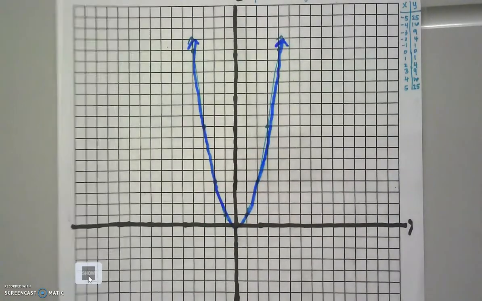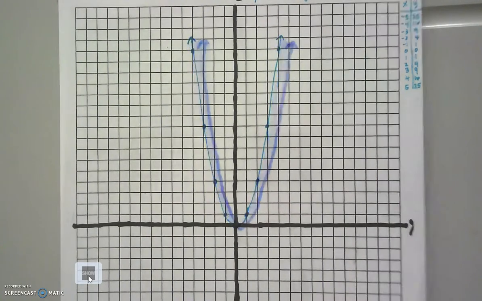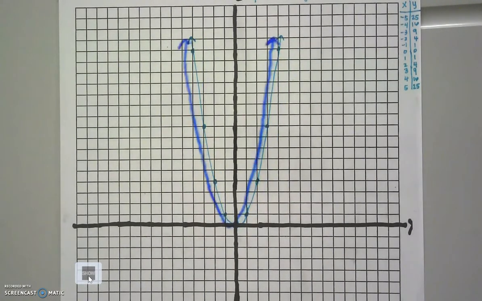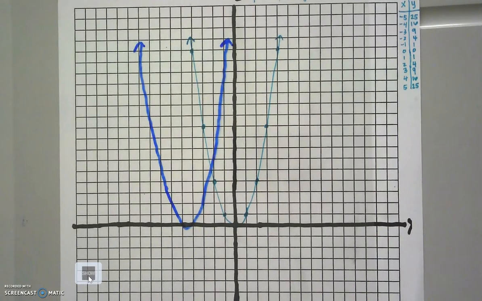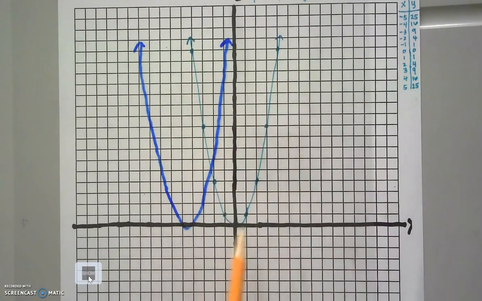If I go left 5, I'm going over 1, 2, 3, 4, 5. You should be able to see with your eyes that this quadratic function moves over 5, to the left.